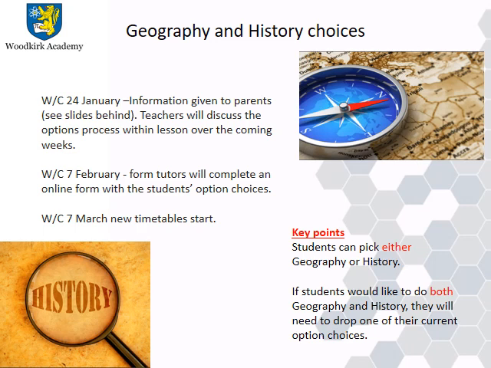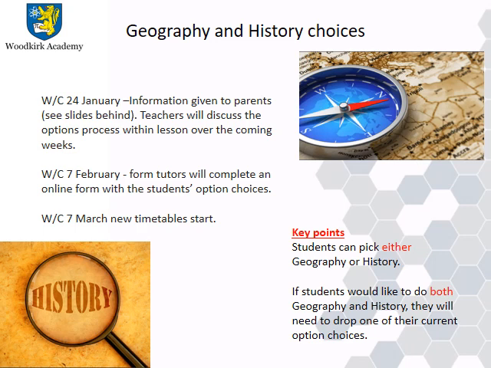A few key points to be mindful of when discussing the geography and history options are: students can pick either geography or history. If students would like to do both geography and history, they will need to drop one of their current option choices. For example, as a PE teacher, I use PE as an example.